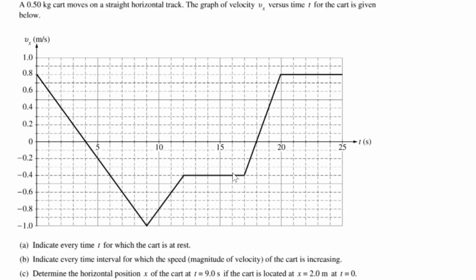Now velocity is constant from 12 to 17 seconds, the velocity is 0. Velocity is constant, so its acceleration would be 0. And then again from 17 to 20, it will have a constant positive acceleration, and then again from 20 to 25 its speed is constant, so it will have 0 acceleration.